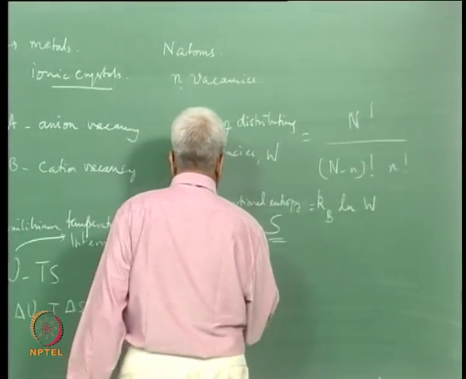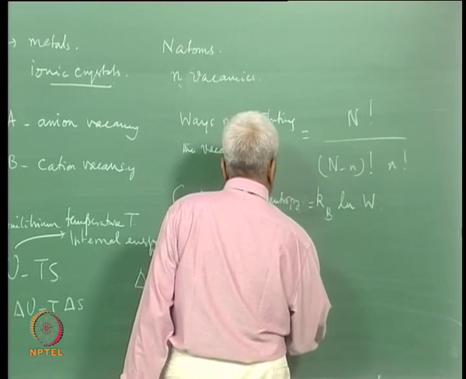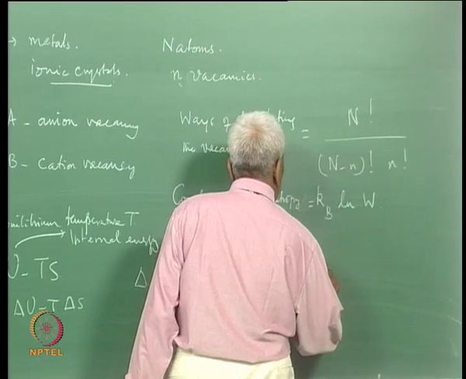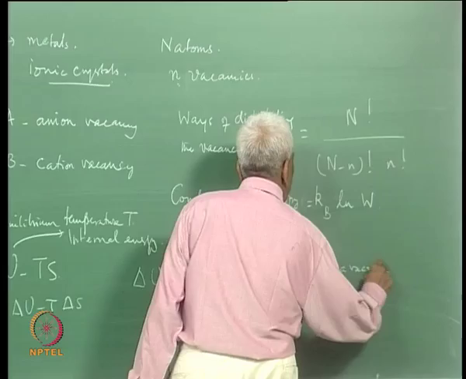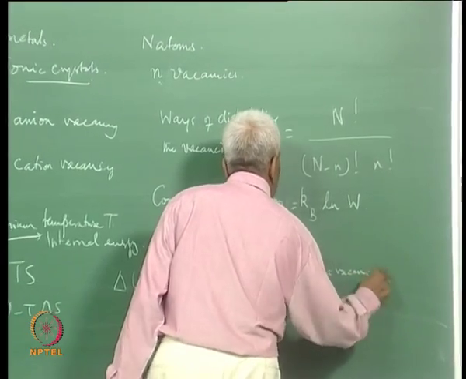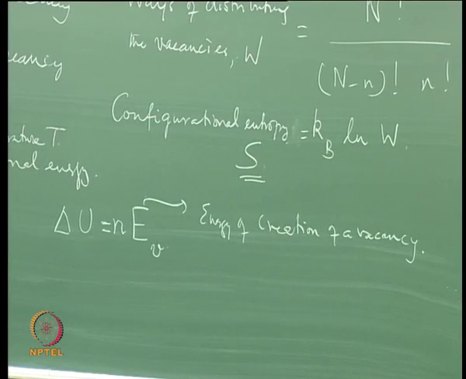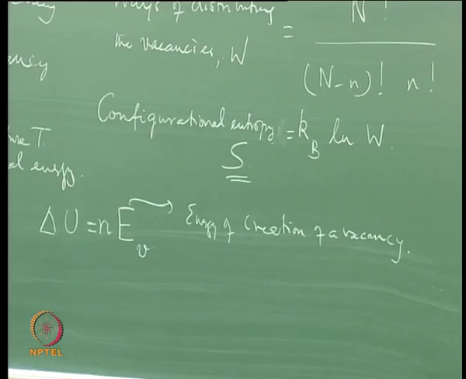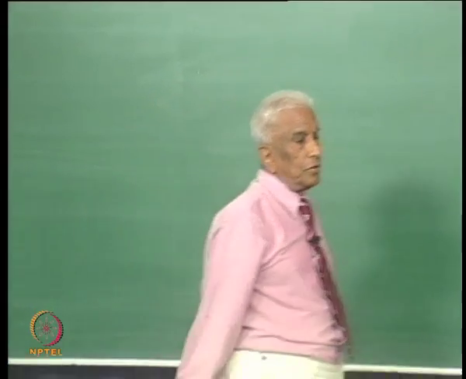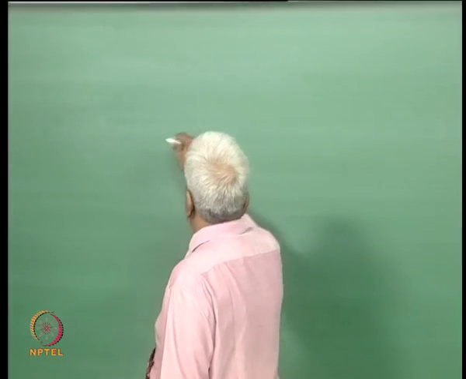Each, this is the energy of creation of a vacancy. So, we have to minimize delta F. In other words, let us write delta F explicitly.